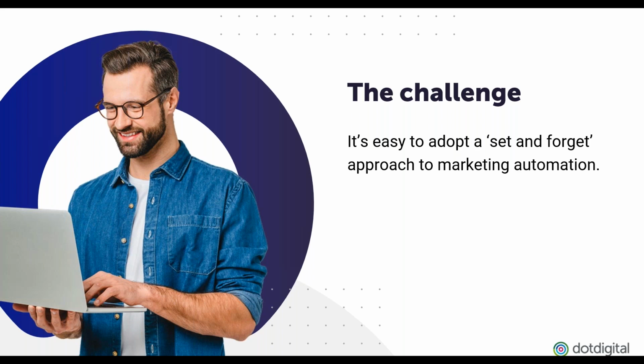If you have a lot of automation programs running, maintaining them can feel overwhelming, and it can be overshadowed by your BAU campaigns that bring in instant ROI or hit daily, weekly targets. So checking in on your automations can get pushed to the bottom of your to-do list.